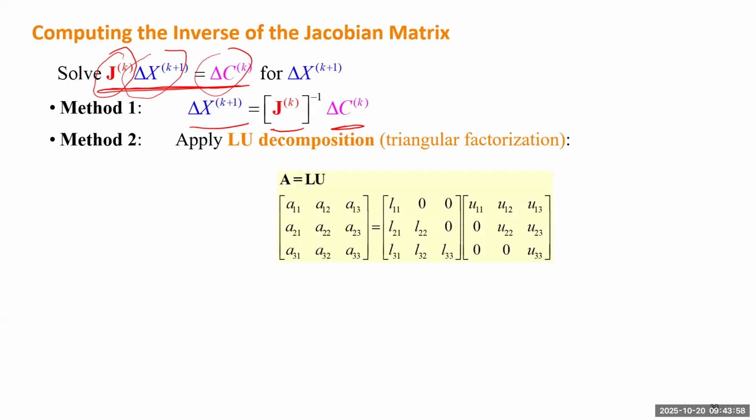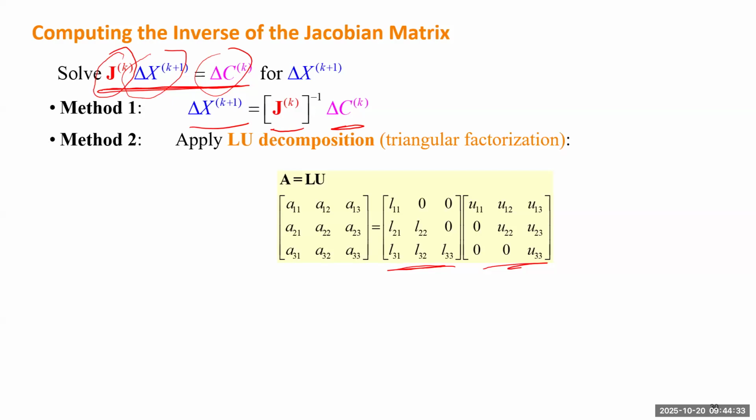It's based on a theorem: any square matrix can be decomposed into the product of two matrices, both triangular. The first one only has non-zero elements in the lower triangular part. The second only has them in the upper triangular part. This can be proved if it's a square matrix.